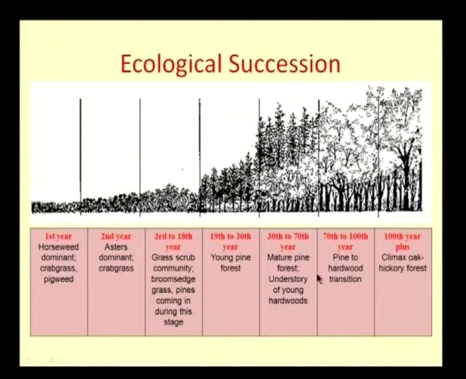So from the pine there is a transition to the hardwoods, and in the 100 plus years you find the climax oak hickory forest. So you can imagine how long it takes for the succession to happen, from the pioneering stage up to the climax community. So in the succession the pioneering community are first getting into the area, and then you find the stable climax community.